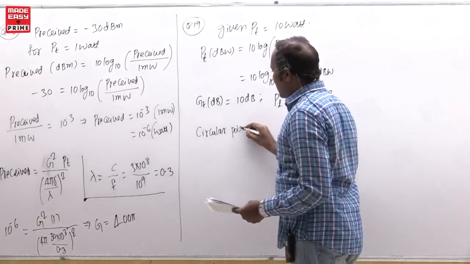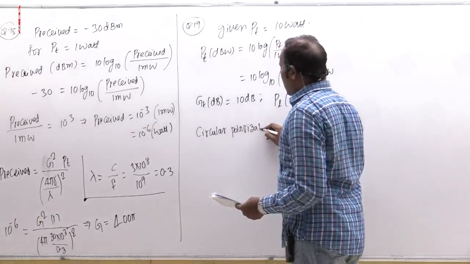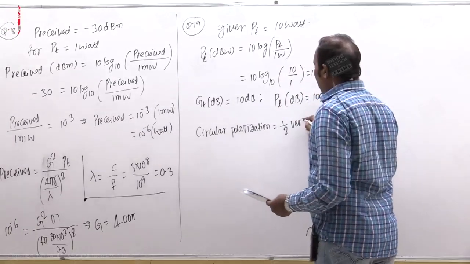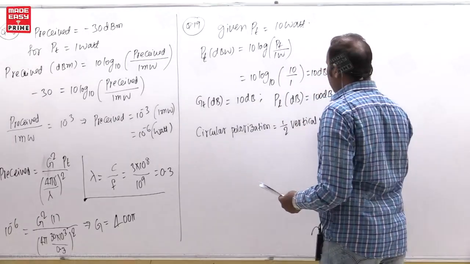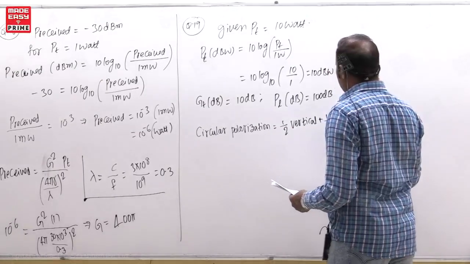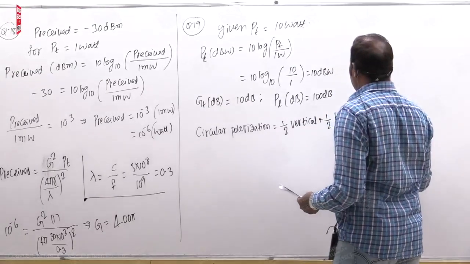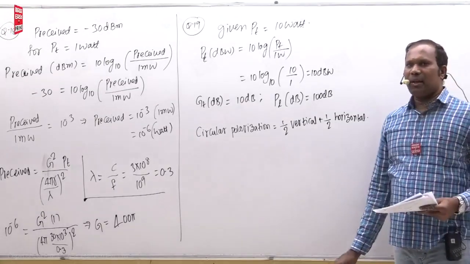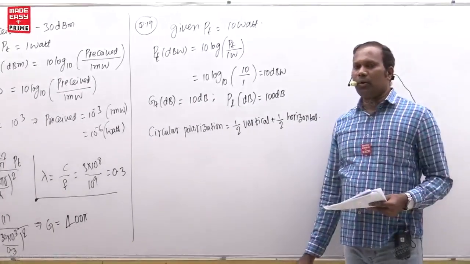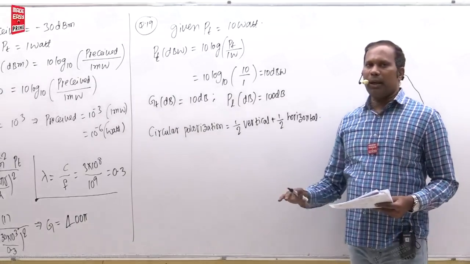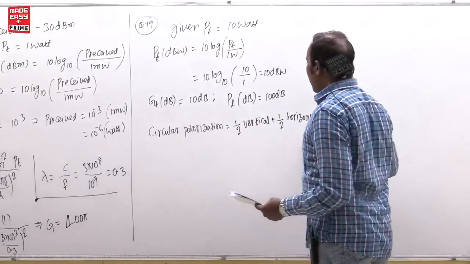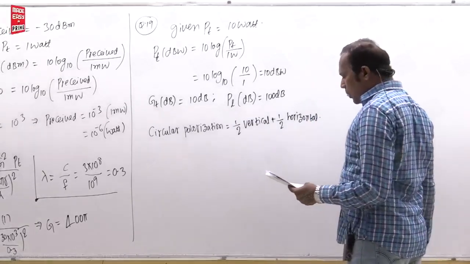Circular polarization is nothing but half vertical plus half horizontal. I told you, in circular polarization the x component is there, the y component is there, then EA is equal to EB, both are equal. So circular polarization is equal to half of vertical plus half of horizontal polarization.